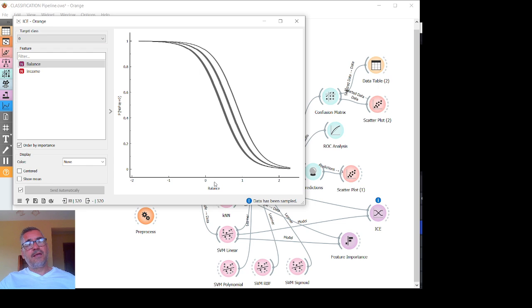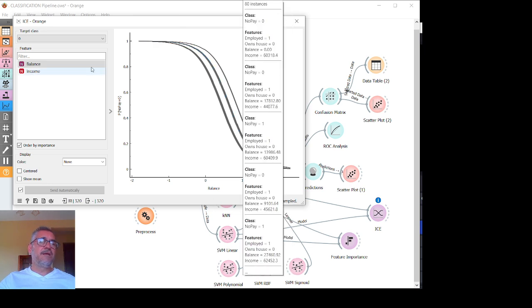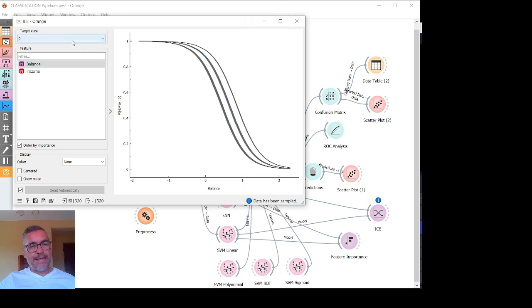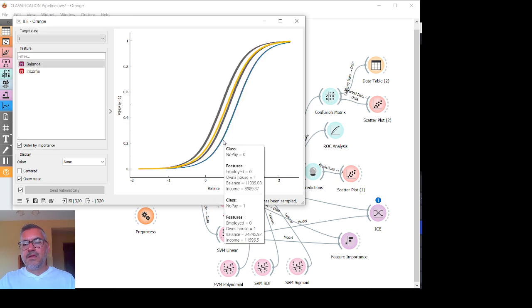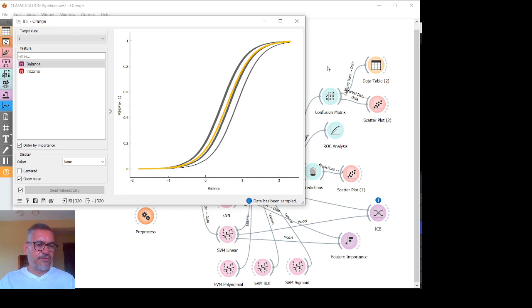As the income increases, we have a lower probability that someone is going to pay, because we have a 0 target class here, their credit card. So that's it. These are the most important things, I think, in training models with Orange.